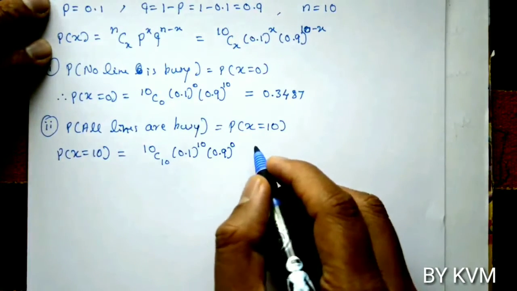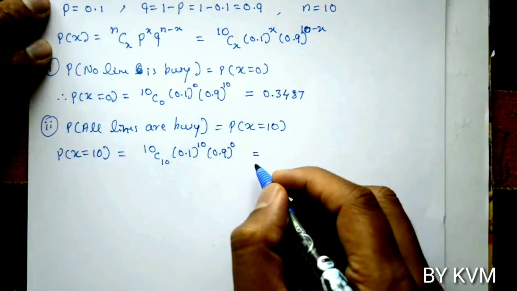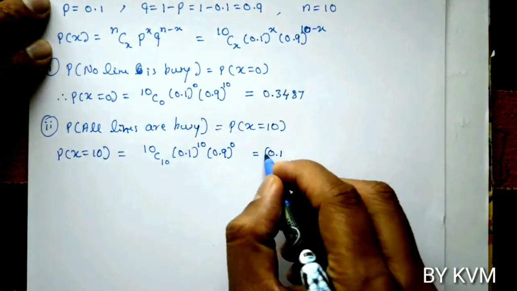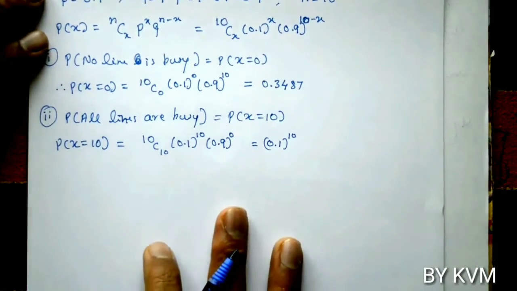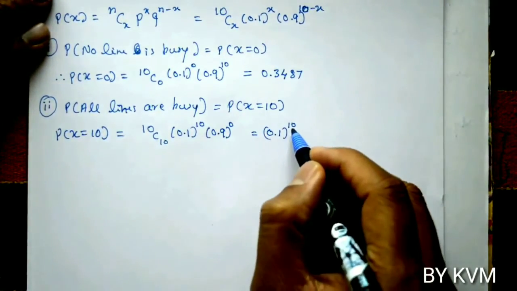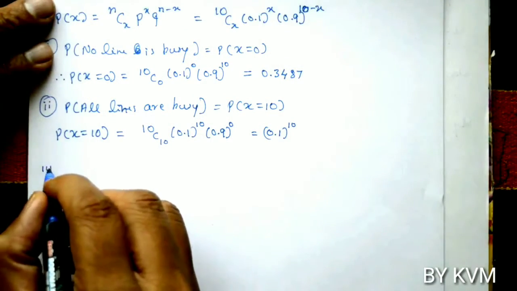After simplifying using the calculator, 10C10 is 1, 0.9 whole power 0 is 1. So we have 0.1 whole power 10.